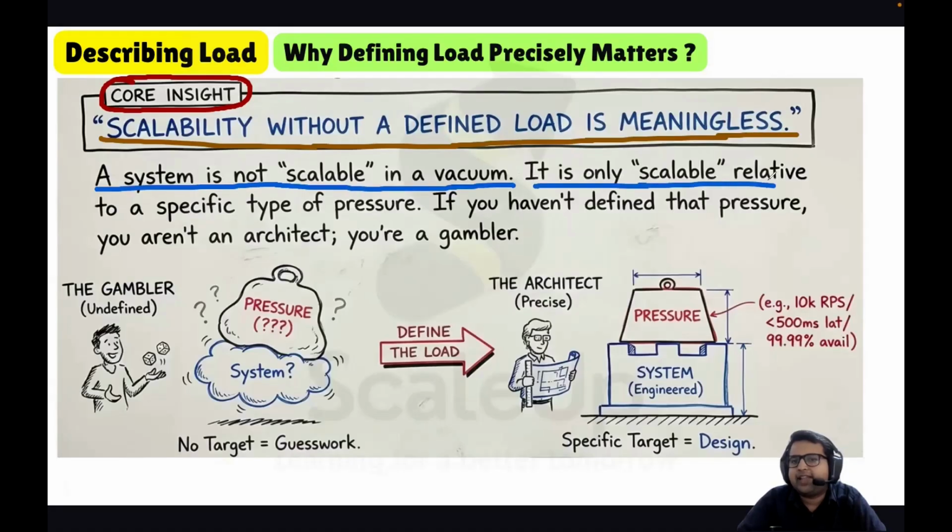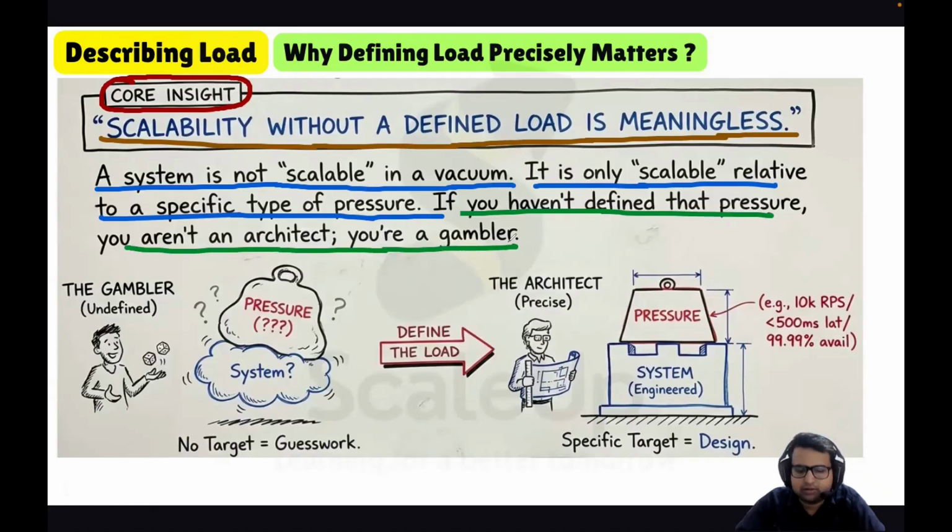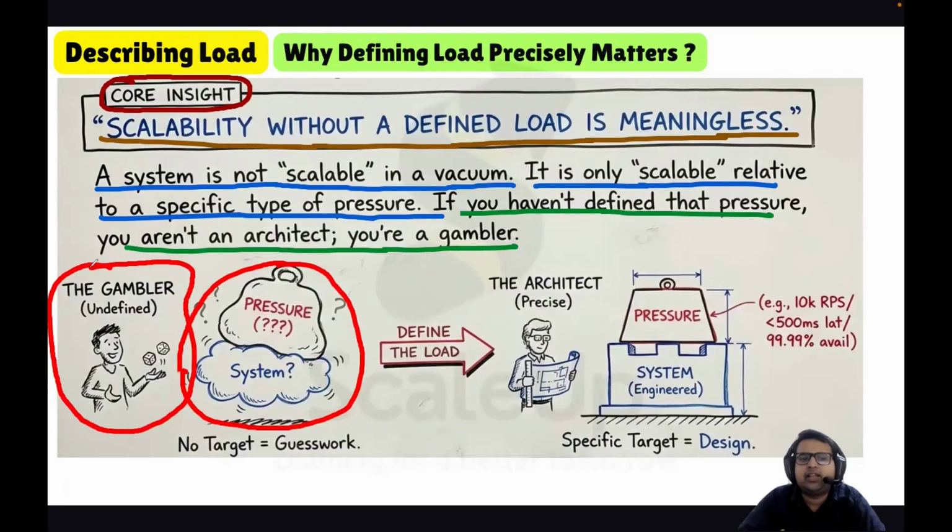It is only scalable relative to a specific type of pressure. If you haven't defined that pressure, you aren't an architect, you are a gambler. If we don't define the load precisely, we are just gambling in the name of scaling, because there will be no target and it will be pure guesswork.